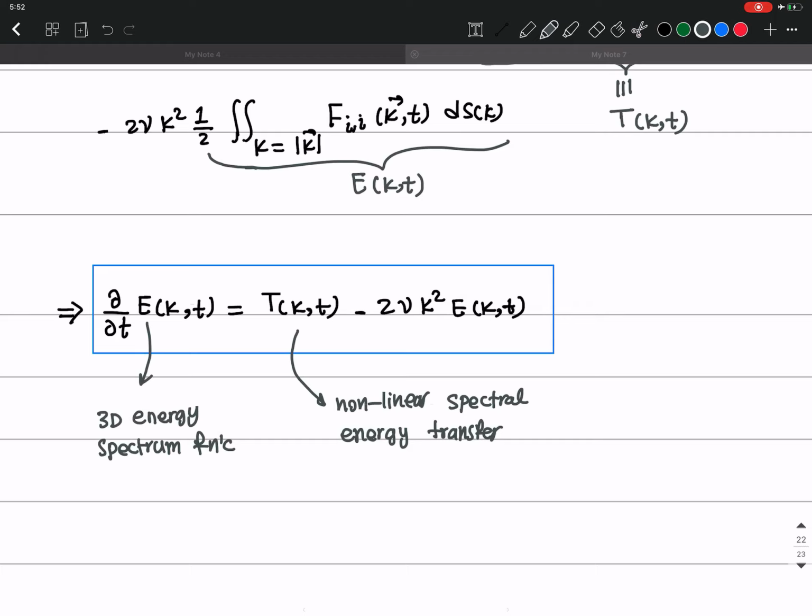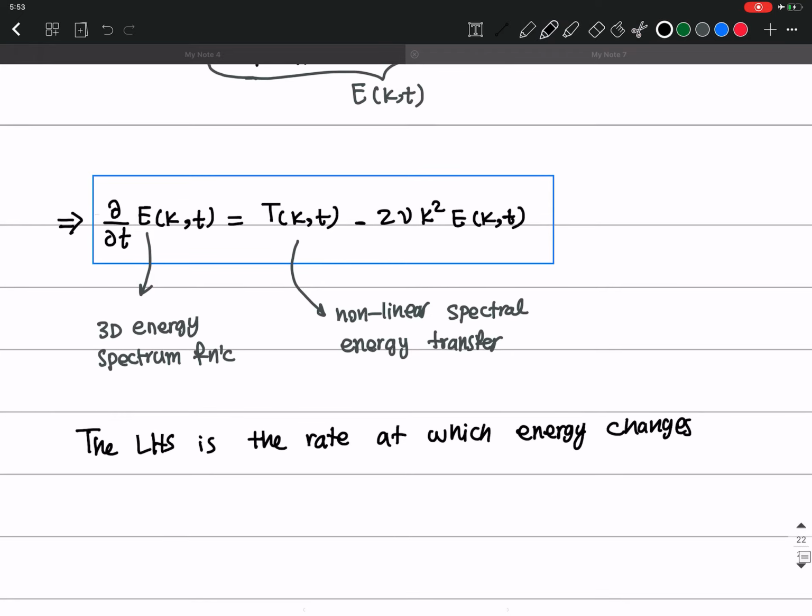Now I want to gain more insights into this equation. Here, the left-hand side, the LHS, is the rate at which energy changes at any given wave number.